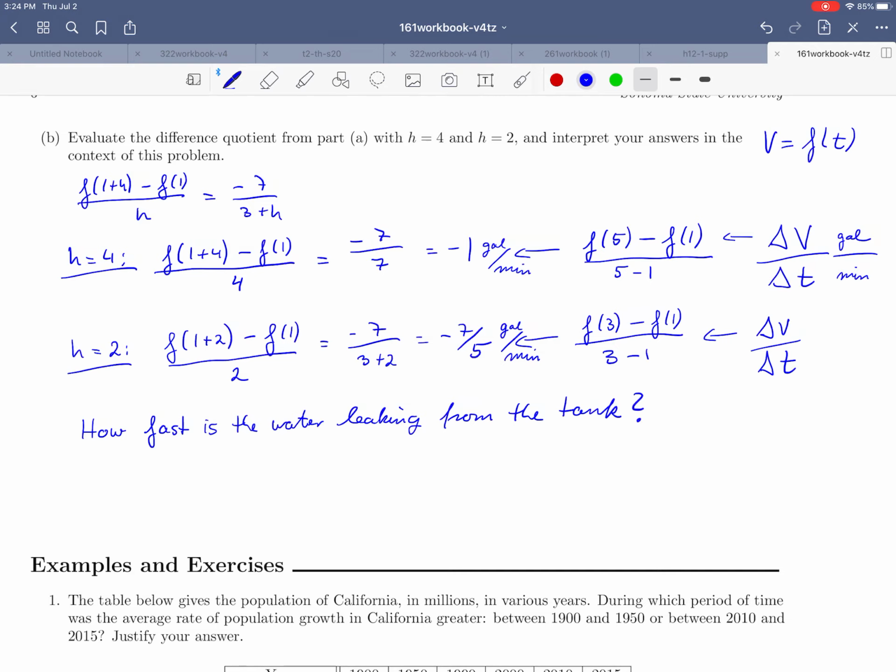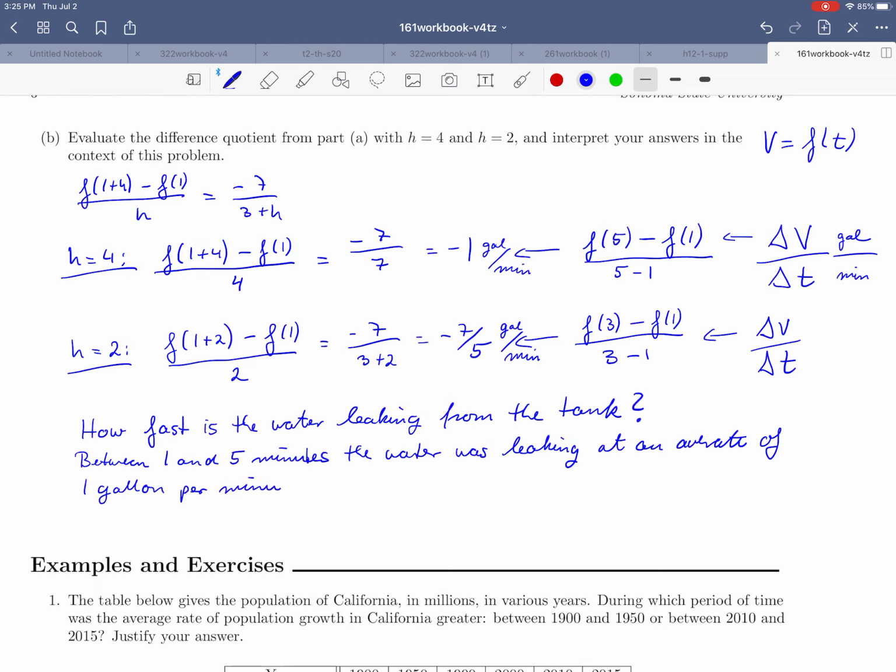So the first number for h equals 4, that was telling us that between 1 and 5 minutes, the water was leaking at an average rate of 1 gallon per minute from the tank.